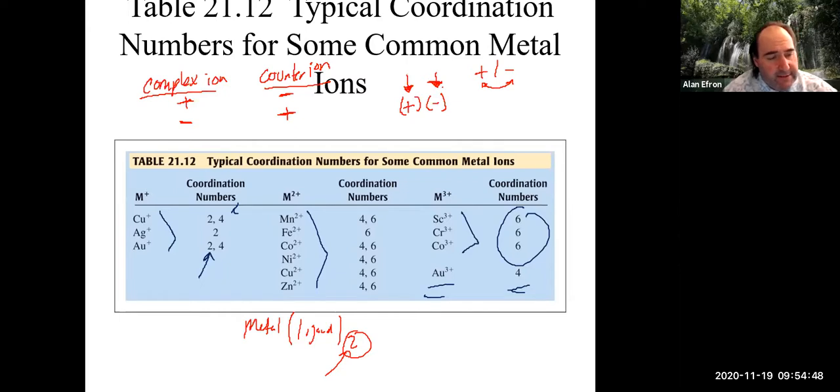That's not always the case, because if this happens to be a bidentate, you definitely have to double that coordination number. The coordination number is not how many total ligands there are, but how many atoms in those ligands are directly attached to the metal in the complex ion.